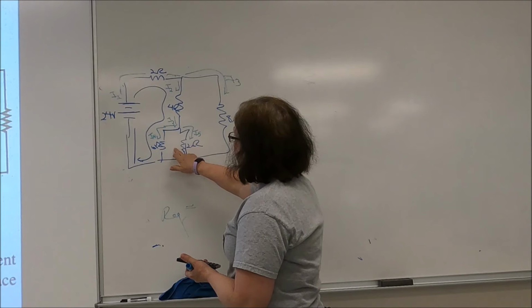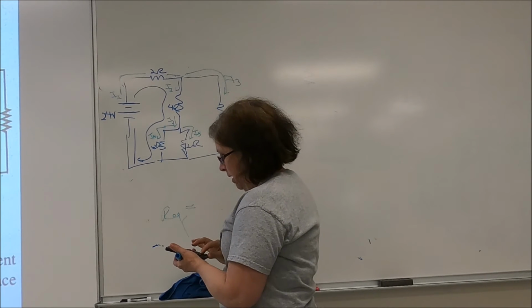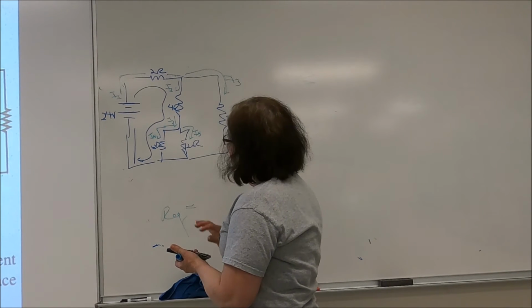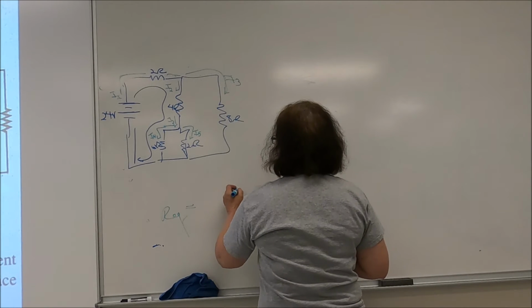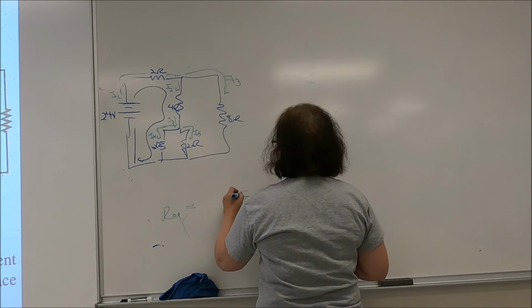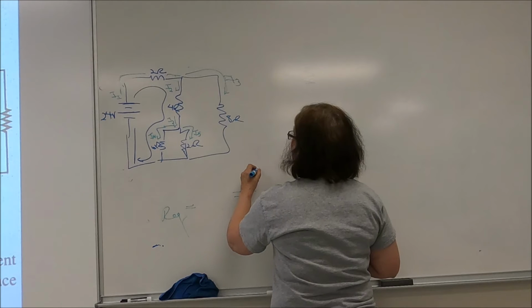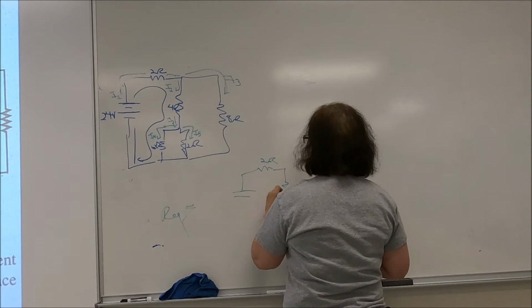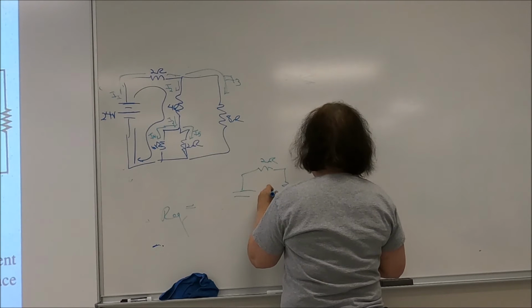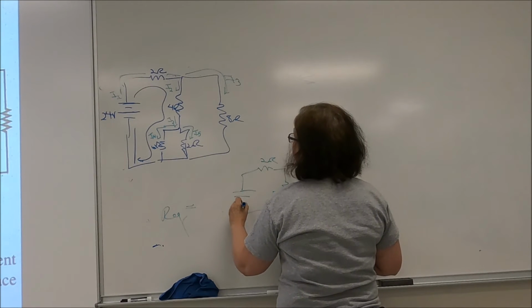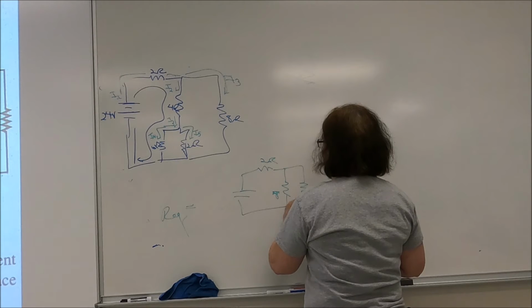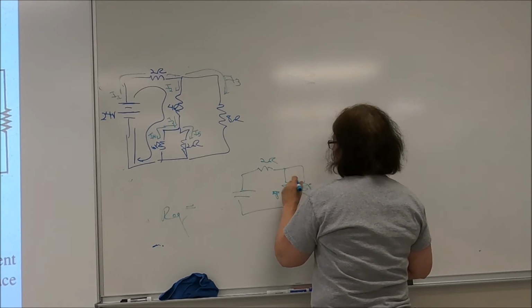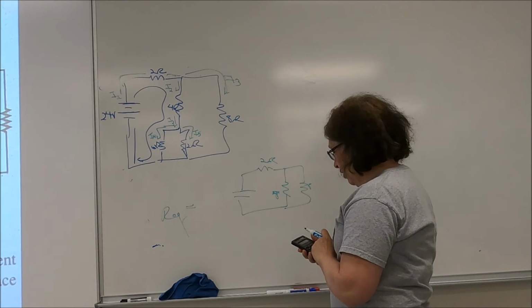Okay, the equivalent here is 4 ohms. 4 plus 4, that's 8 ohms. So right now I've got my battery, a 2 ohm, a split point here, an 8 ohm, and an 8 ohm. So those two are in parallel with each other.